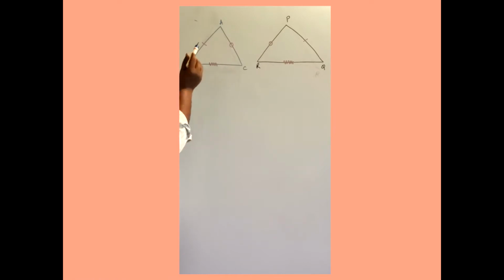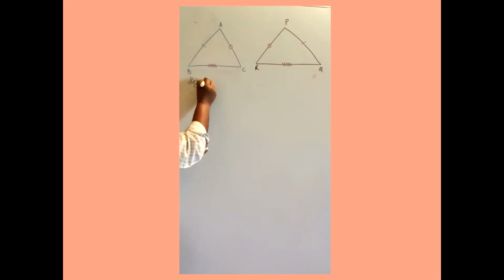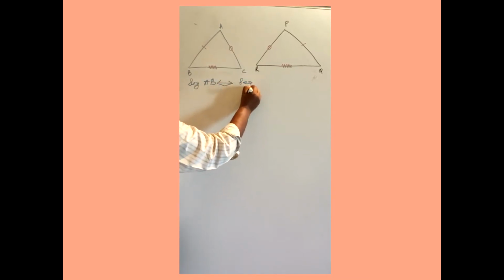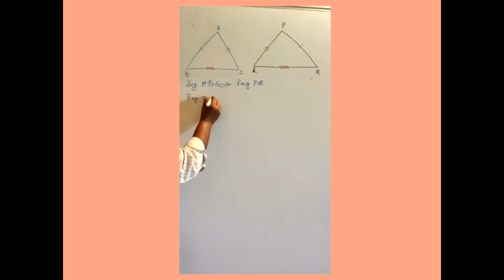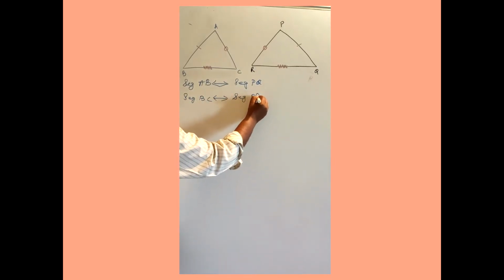The sides marked with the identical sign are corresponding to each other. Therefore, segment AB corresponds to segment PQ and segment BC corresponds to segment RQ.